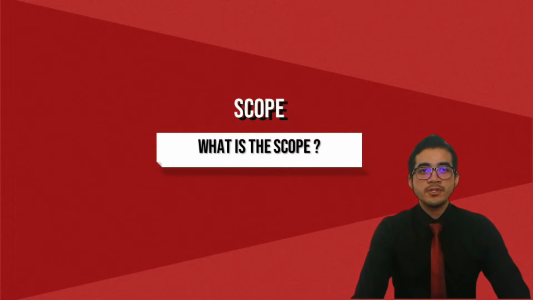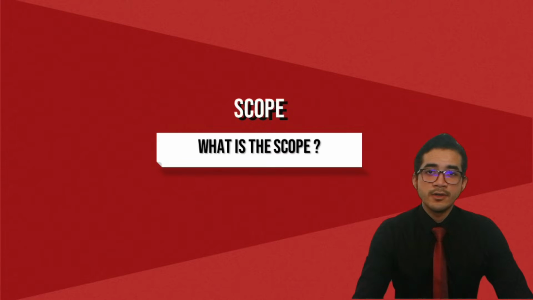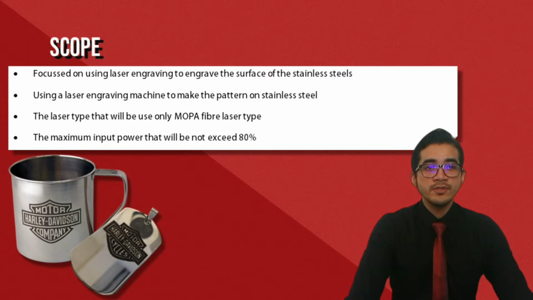For this project, there are four main scopes that have been used to run the experiment. The first one focuses on using laser engraving to engrave the surface of stainless steel, so no other materials have been used in this experiment.